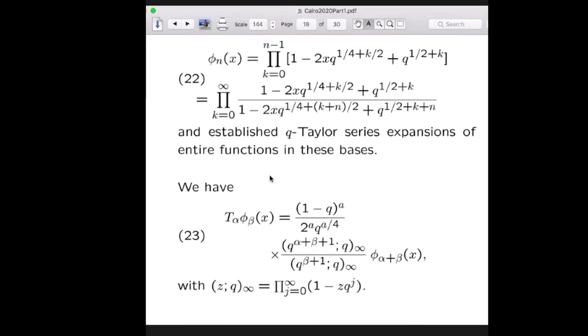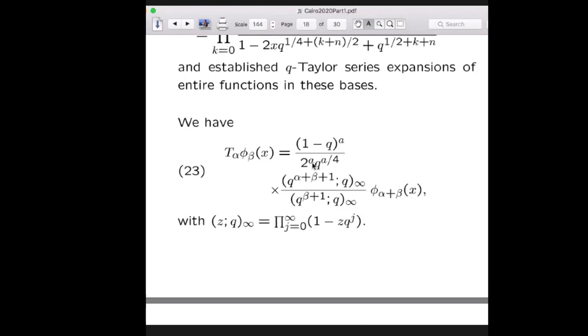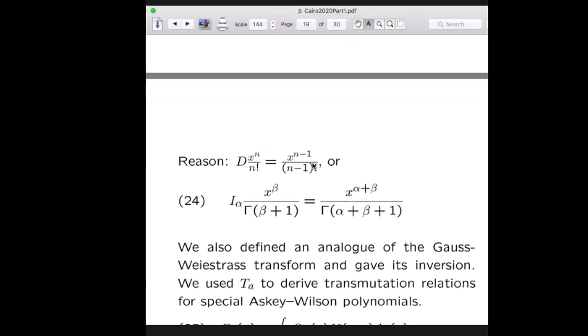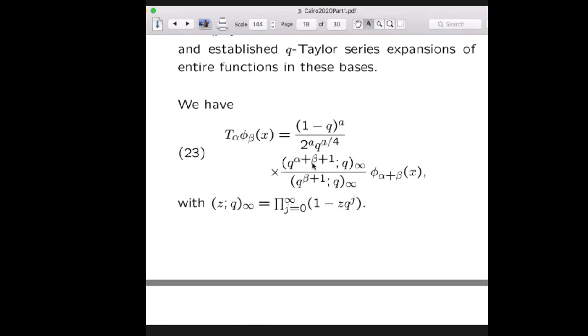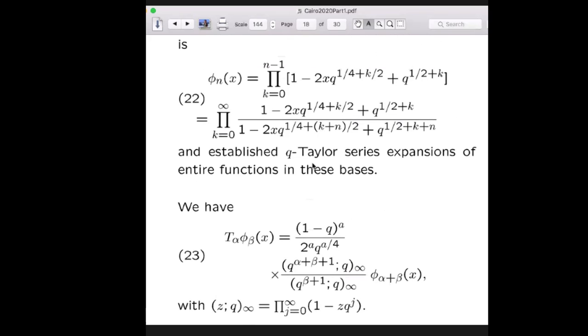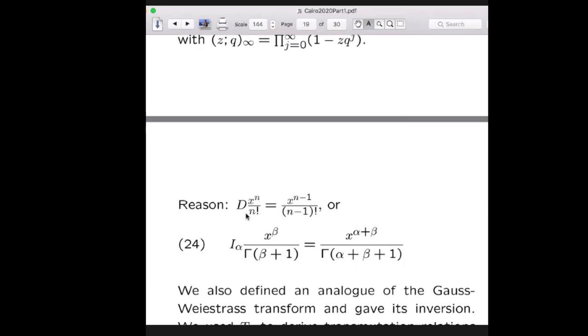So what happens here is that if I put this in and act on it with an Askey-Wilson operator, it behaves exactly like this, except instead of the factorials I have q-shifted factorials.